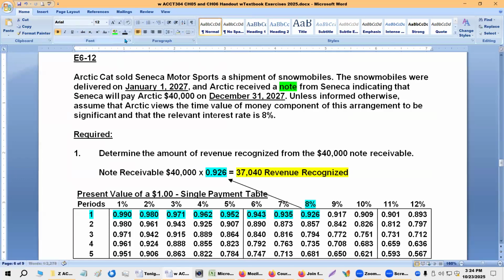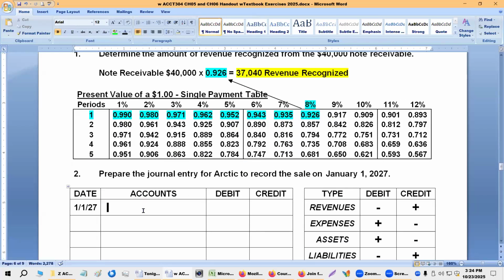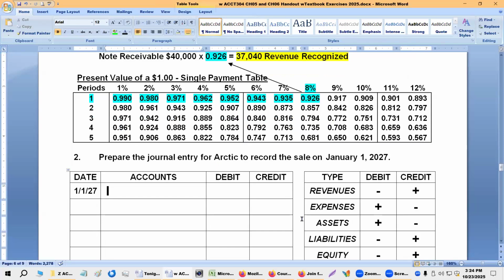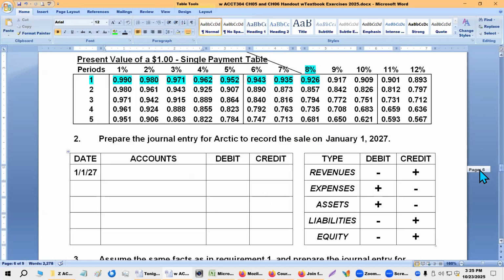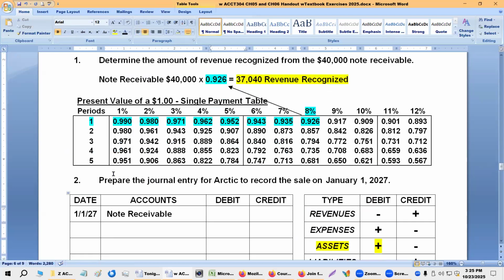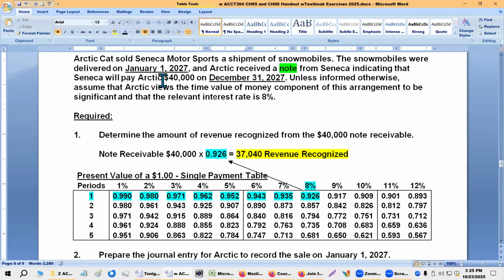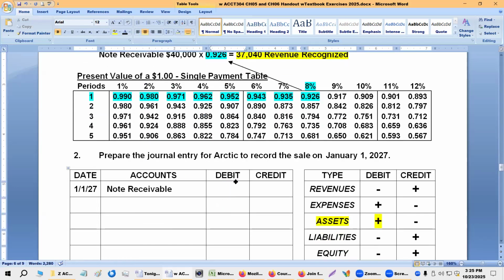Would it be a note payable or an account receivable? Yeah, probably a note receivable. It's going to be a receivable, so that's going to be the asset. How do I make the assets up here? Yellow. Okay, keep with that. So notes receivable, they owe us the note receivable. It's a $40,000 note. So we're going to put that in here.